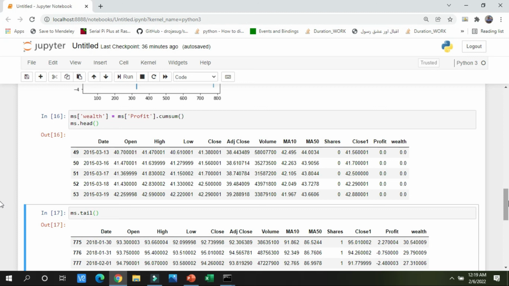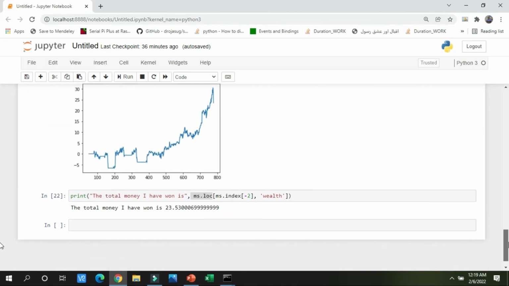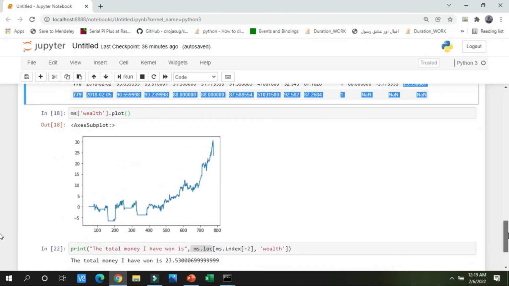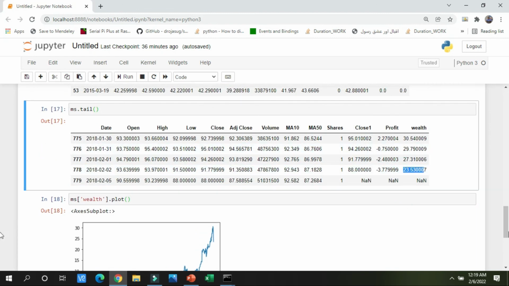After that we have calculated and plotted that cumulative wealth, and at last using loc and index we have found the very last value in our Microsoft dataset.